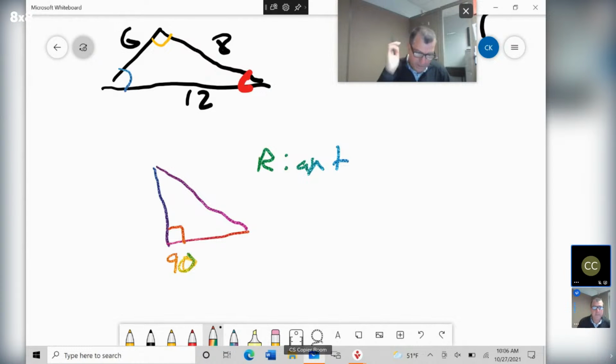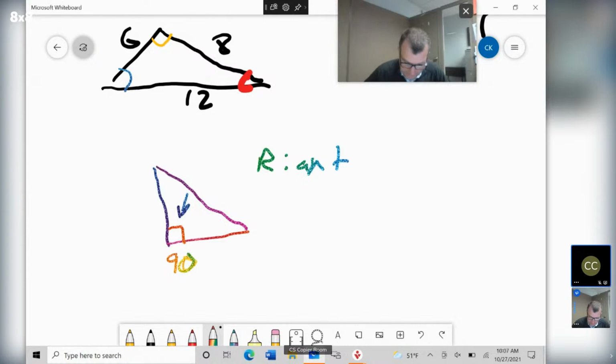A lot of times what gives away a right triangle is this little square in the corner. That means it's a right angle, like two lines that are perpendicular to one another, creating a 90-degree angle. We will get to angles next time, but for today I just wanted to introduce the right angle. The little square in the corner of a triangle gives it away that it's a right triangle.